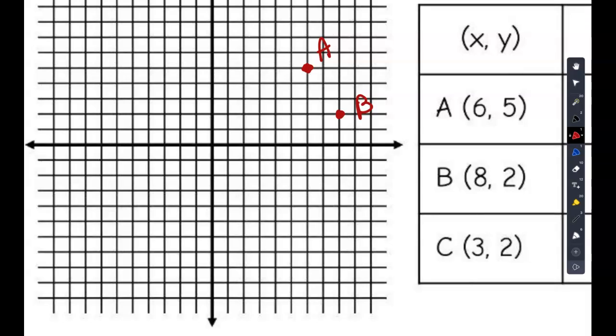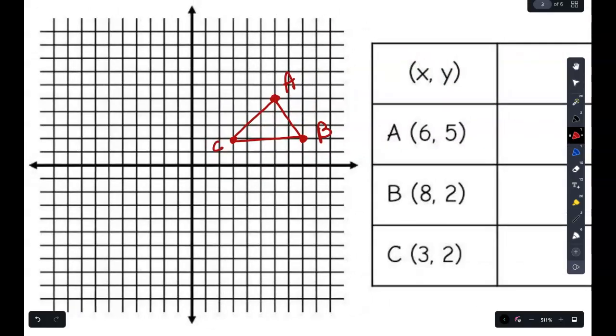All right, and now C is 3, 2. All right, and now I'm going to connect the dots. All right, so that's the first shape.